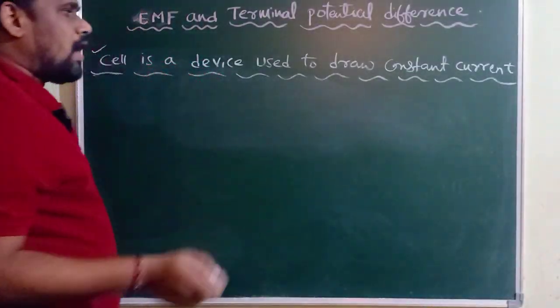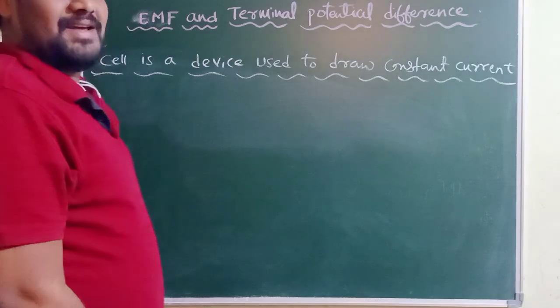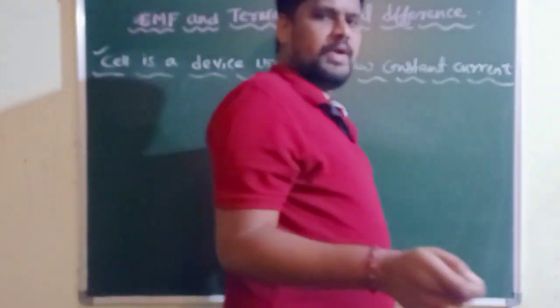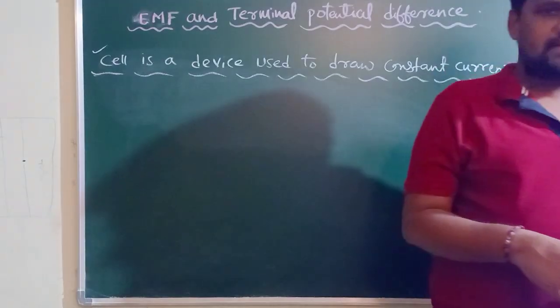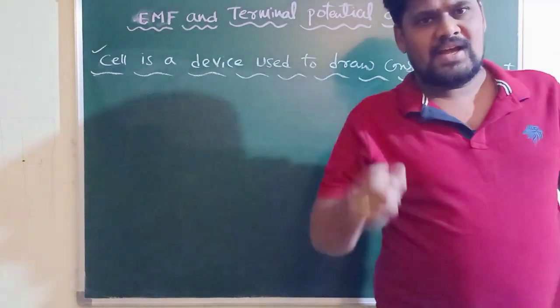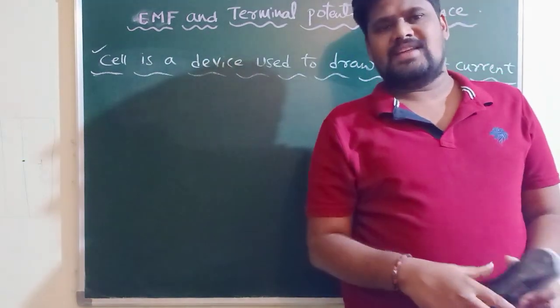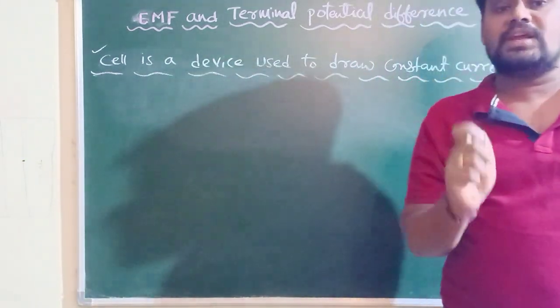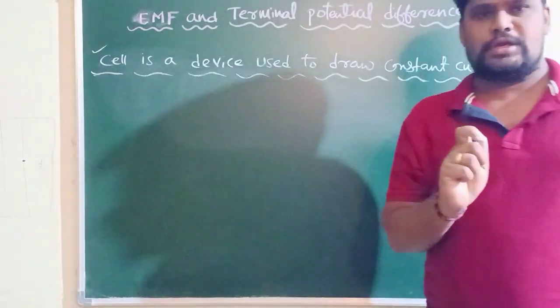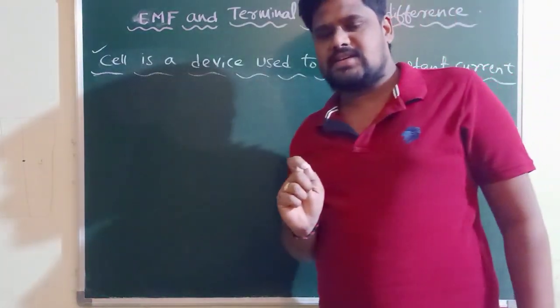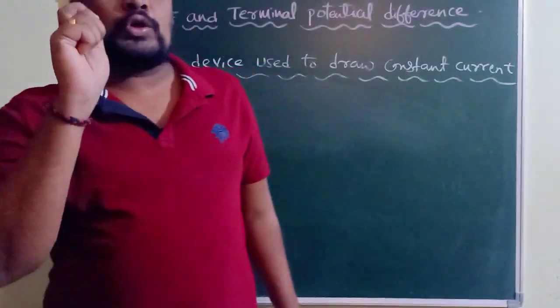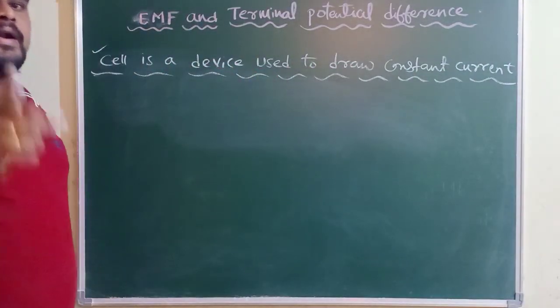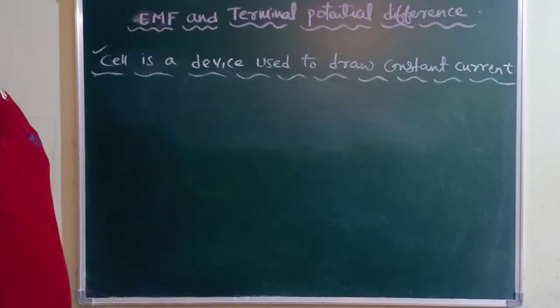Suppose if you draw the current from the cell, then the cell is said to be in which circuit? Closed circuit. Concentrate on the sentence here.